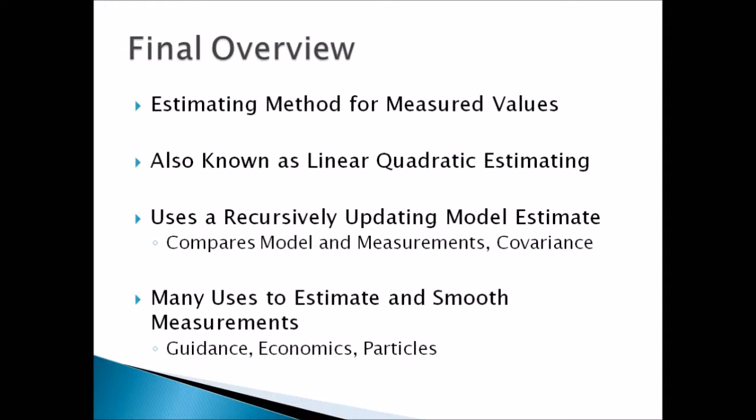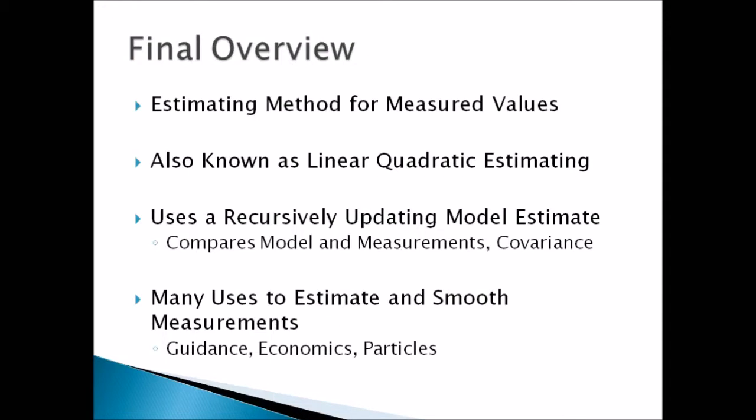Now for the final overview, basically it's an estimating method where you take your measured values over time, and you can estimate what the actual value at that time frame should be, because obviously the data has a lot of noise in it in many cases, so you can smooth out those values so you have a much better grasp of the actual speed, trajectory, or whatever it is you're trying to measure.